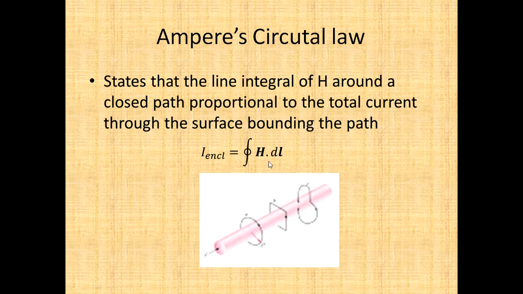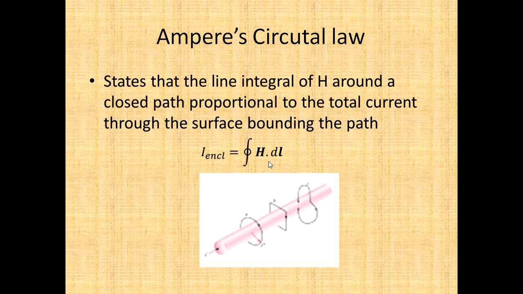Then we go for Ampere's law, Ampere's circuital law. Just like Gauss's law is related to electric field intensity, this is related to magnetic field intensity. To find the magnetic field intensity easily, we can apply Ampere's law. Ampere's law says the closed integral of H bar dot dl bar is equal to I enclosed.